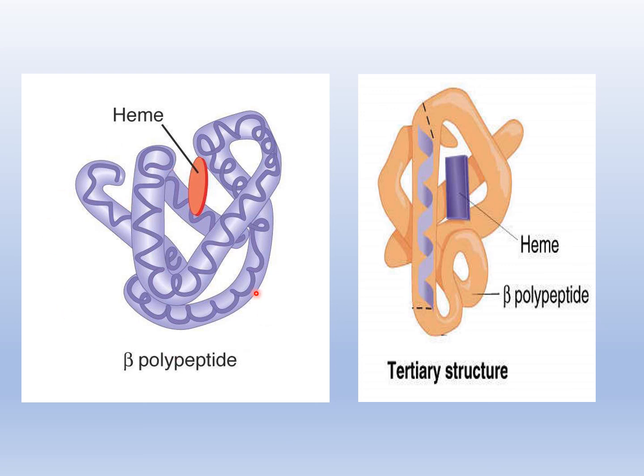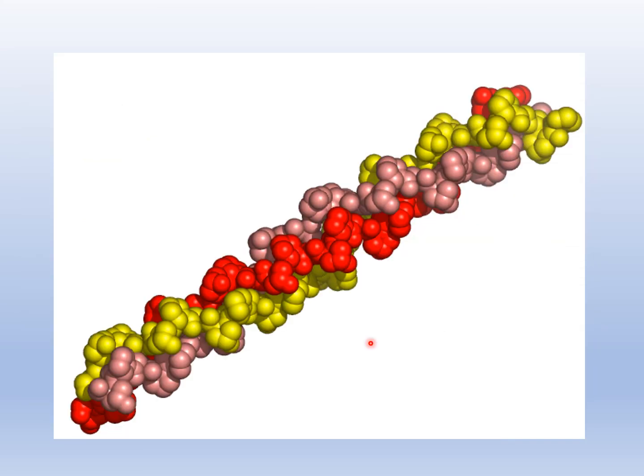Each subunit of hemoglobin contains a heme unit. And as you can see, there is already what we call the tertiary structure. Yes, still the same, but with a slightly different representation. Wow, so this is a much more complicated tertiary structure.